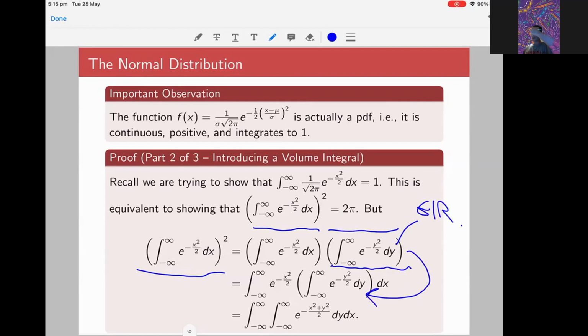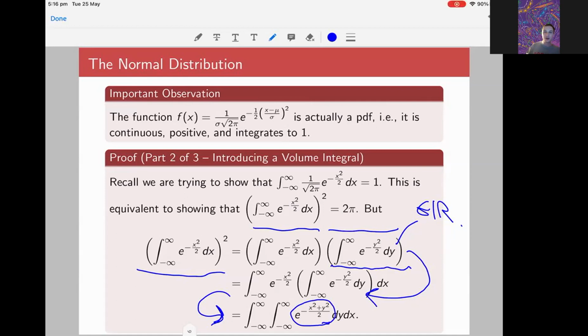So now I've got the integral from minus infinity up to infinity of e to the minus x squared on 2 times that same constant we were just dealing with, the integral from minus infinity up to infinity of e to the minus y squared on 2 dy. But we now recognize that this is precisely the volume integral over all of R2 of this function here, e to the minus x squared plus y squared divided by 2.